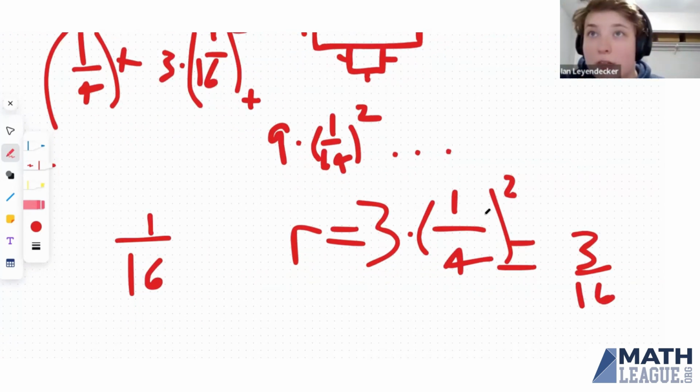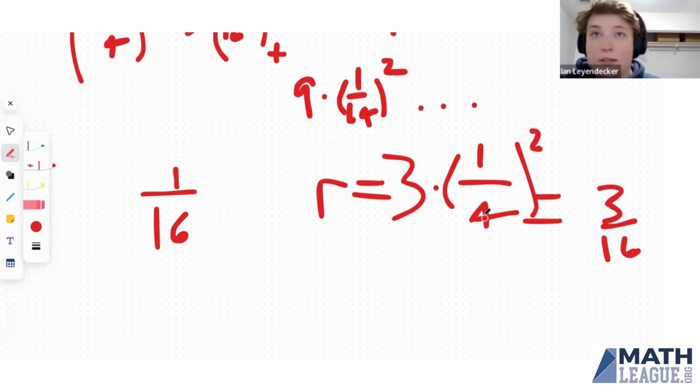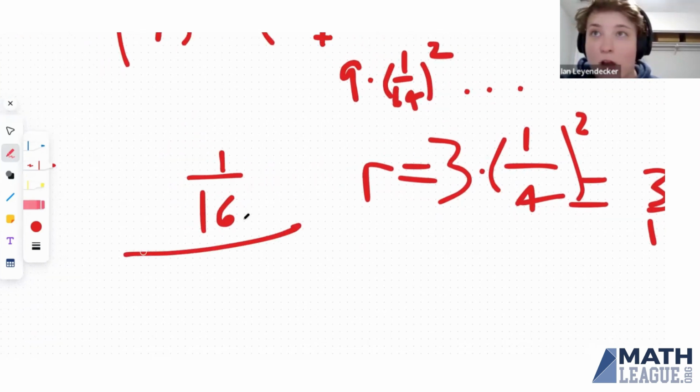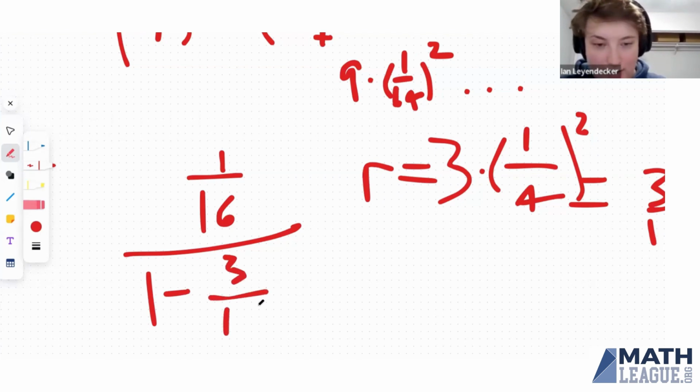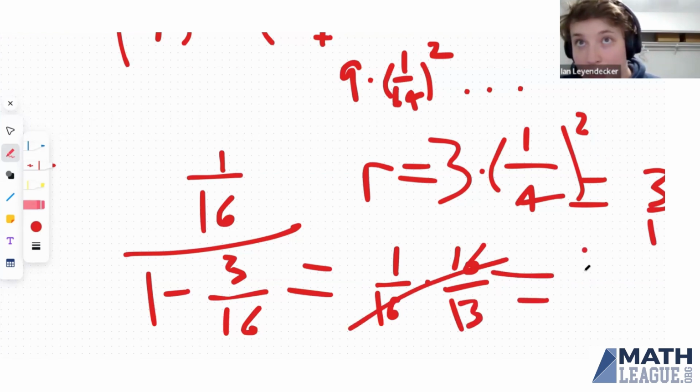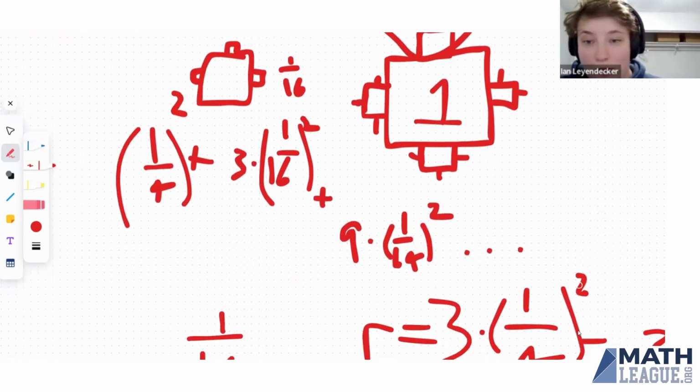By the formula for the sum of an infinite geometric series, the area of each branch is the first term, 1/16, over 1 minus the common ratio, so 1 minus 3/16. This comes out to 1/16 divided by 13/16, or multiplied by 16 over 13. The 16s cancel each other out, and each branch comes out to have an area of 1/13.